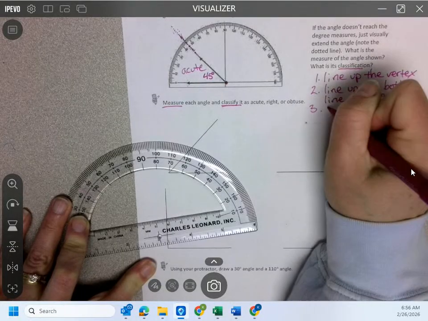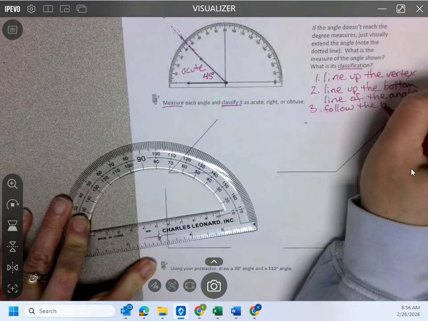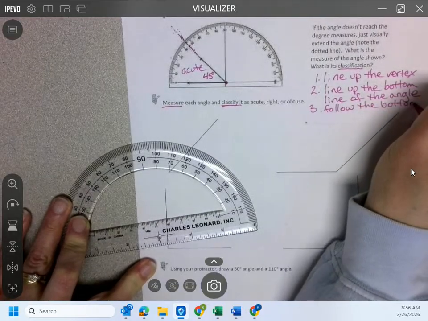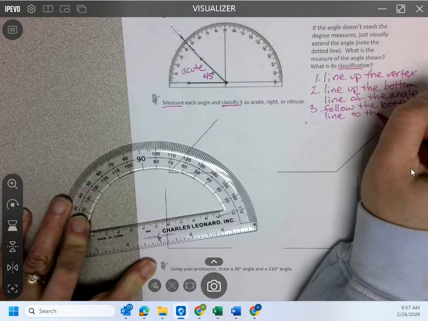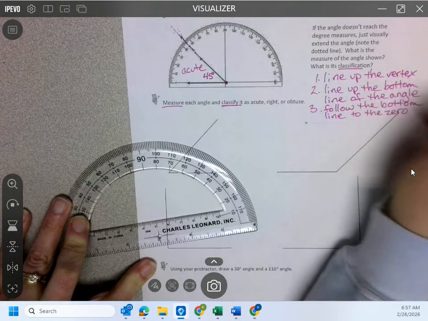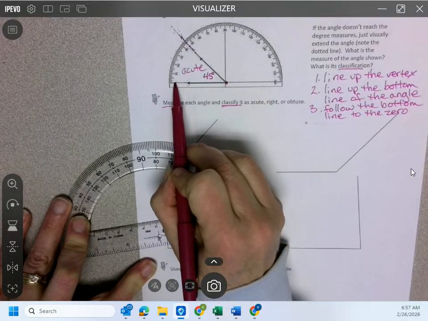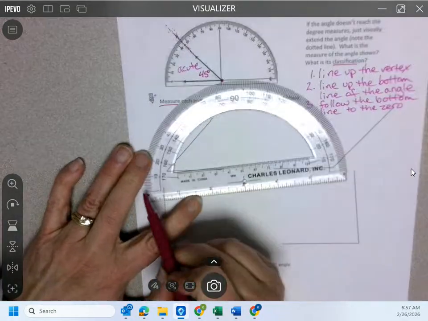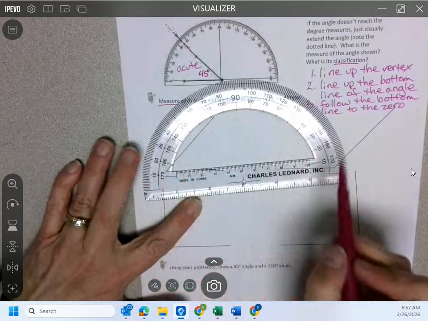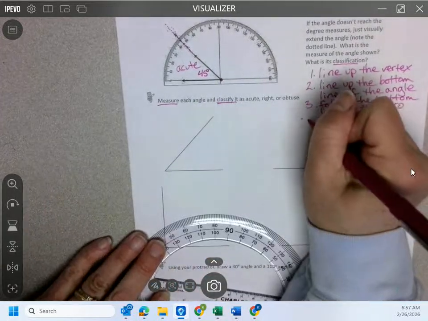Step 3, follow the bottom line to the 0. So that's going to tell us, is the 0 on the inside or the outside of our protractor? Do we want to go all the way to that outside and do the outside numbers, or are we stopping on the inside and doing the inside numbers?